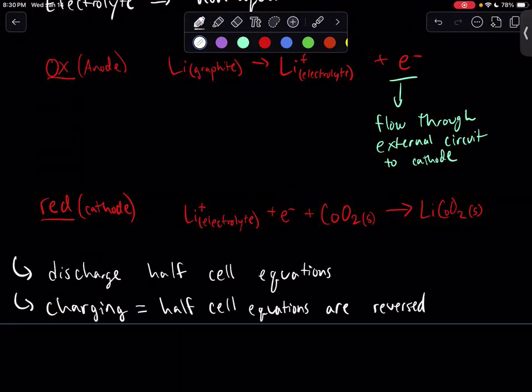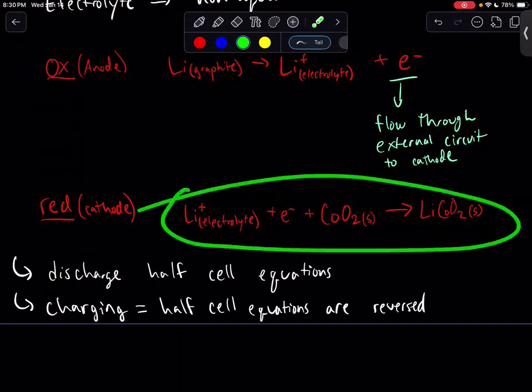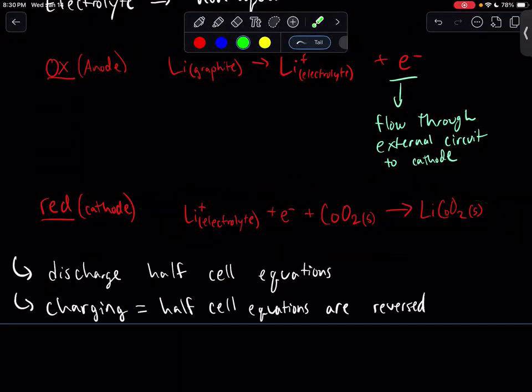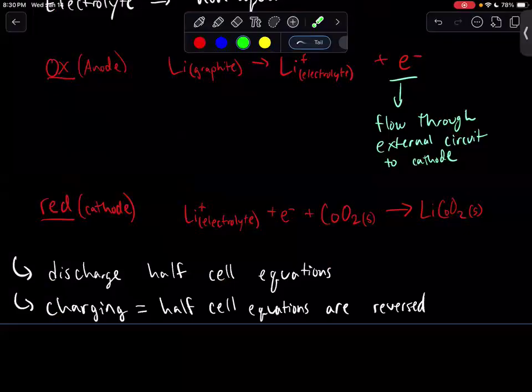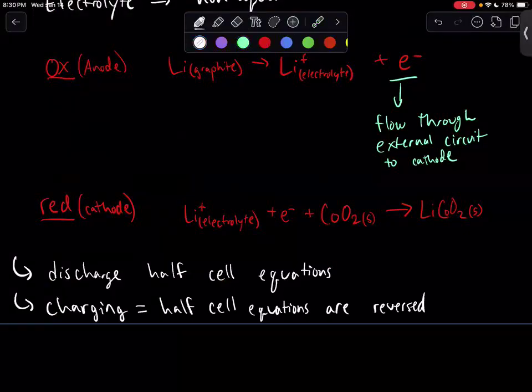So to figure out these equations, all you really have to do is just swap it back. And the DP may ask you, what is the charging equation given the reduction reaction of a lithium cobalt battery at the cathode? And to do the charging equation, why don't we just do an example? The charging cathode equation.